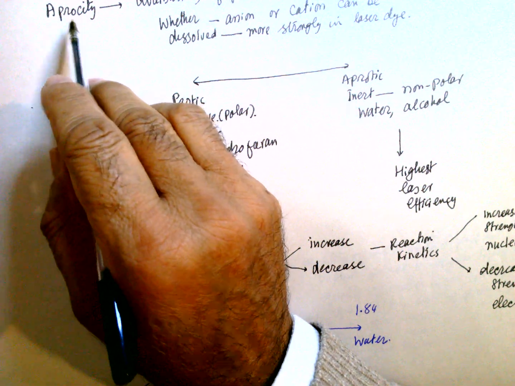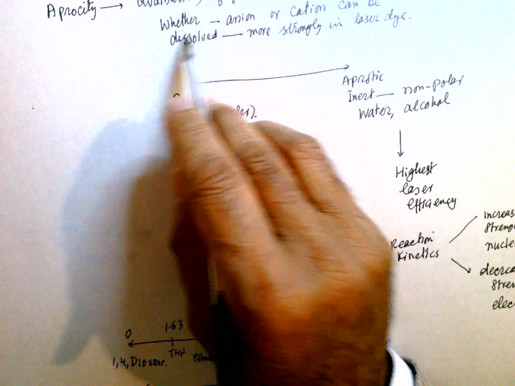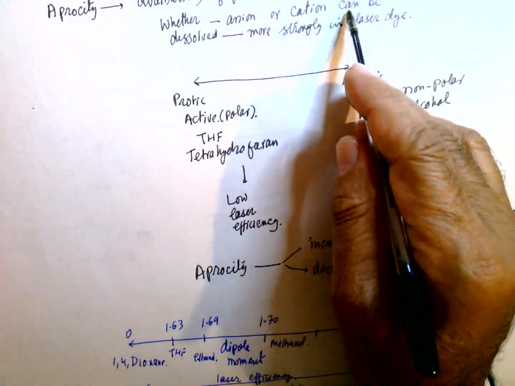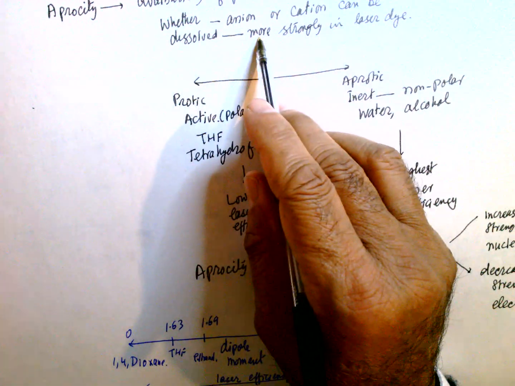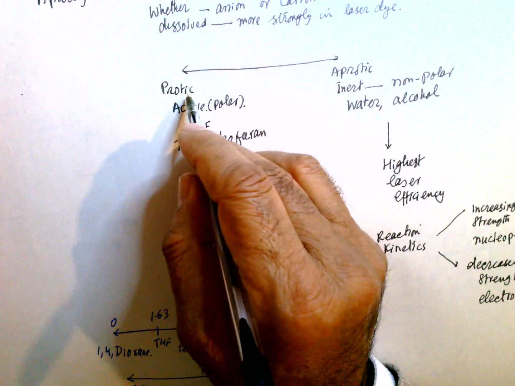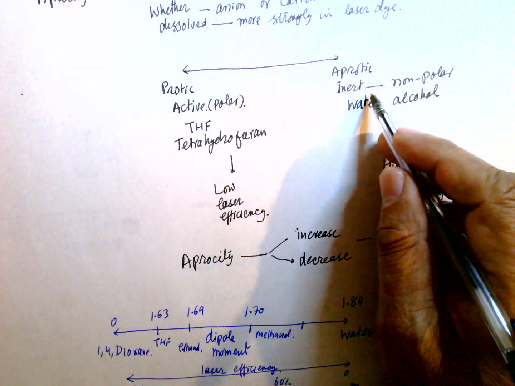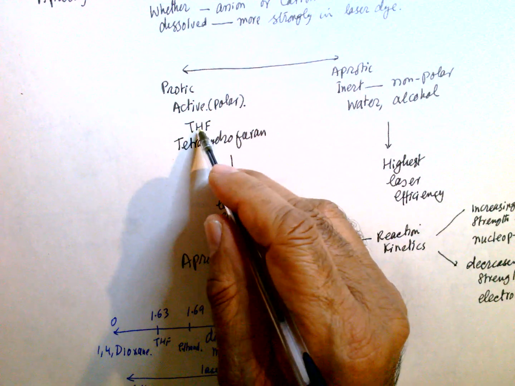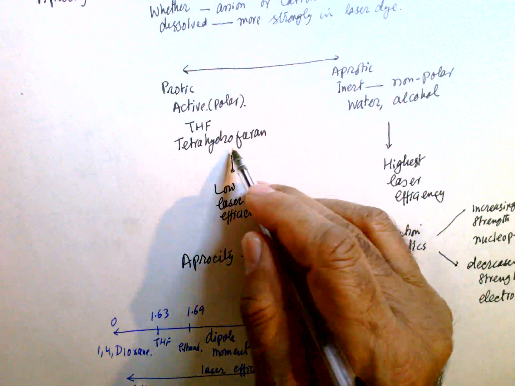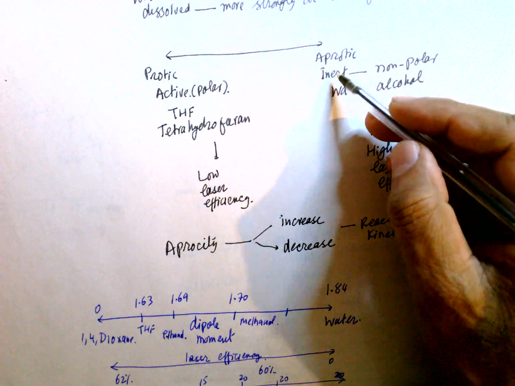Aprosity is the availability of protons, whether anion and cation can be dissolved more strongly in laser dyes. Protic, aprotic: active polar molecule, inert polar molecule. So THF, tetrahydrofuran, gives low laser efficiency.